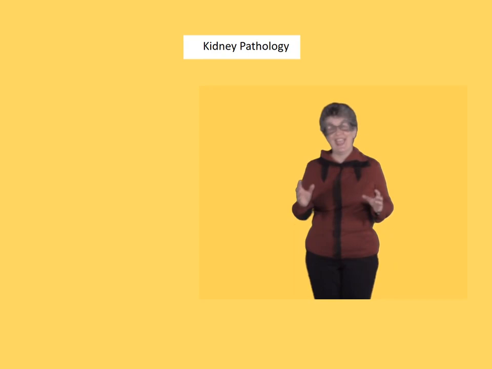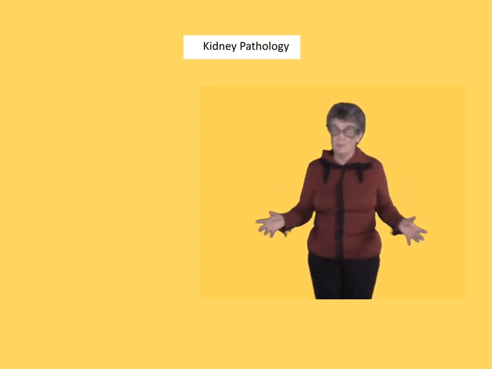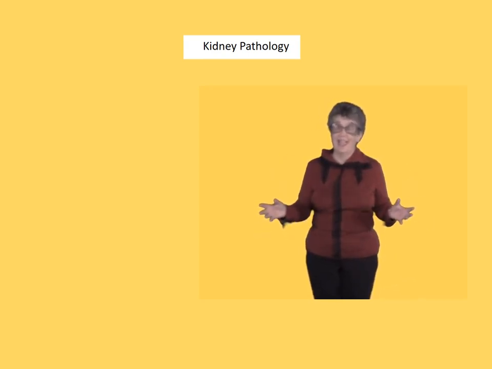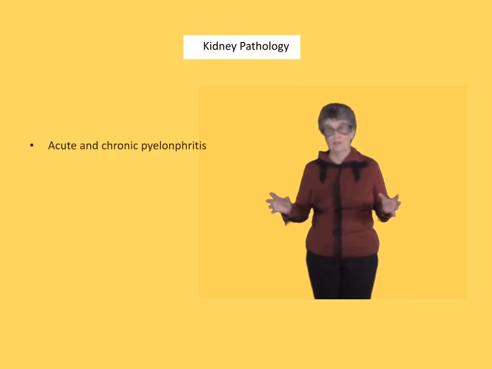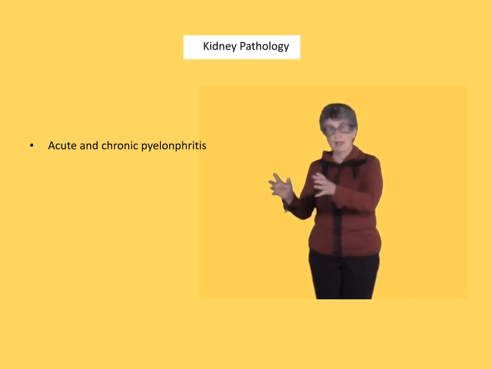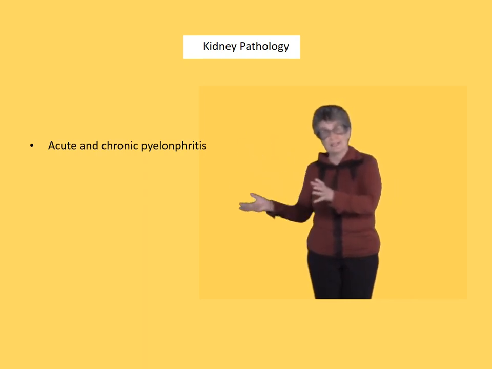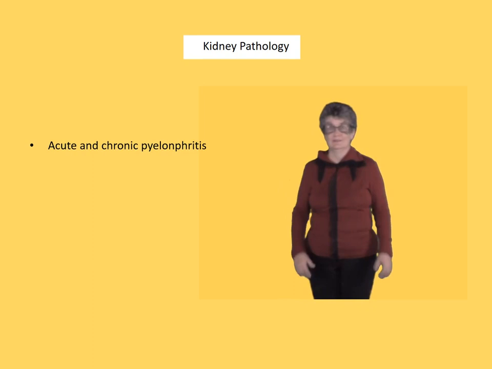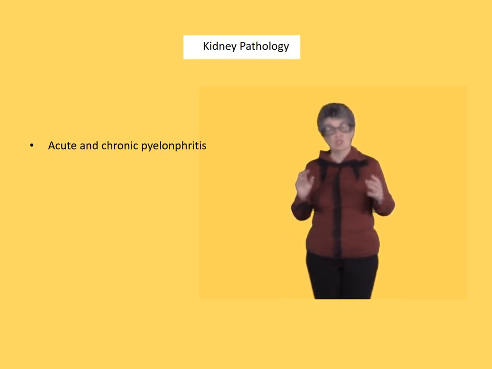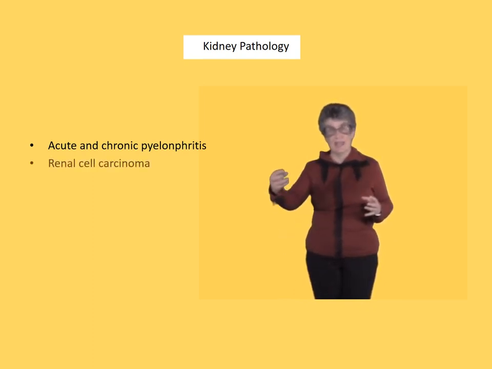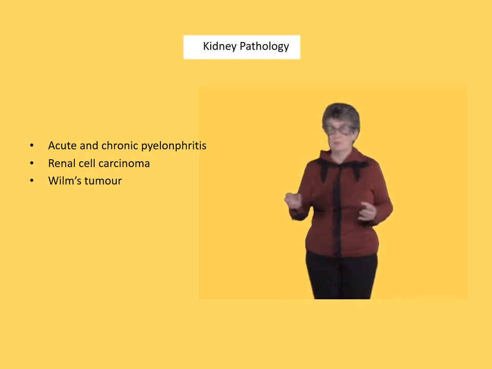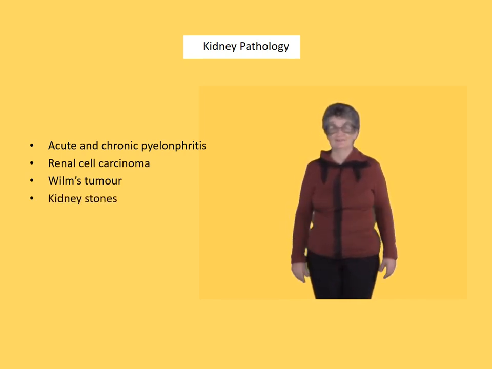That brings us to the end of our consideration of all the pathologies that can affect the kidney, and they are really wide-ranging. We thought about acute and chronic pyelonephritis, with chronic pyelonephritis arising from scarring with hypertension. We thought about tumours that arise in adults and in children, and we thought about those really, really painful kidney stones.